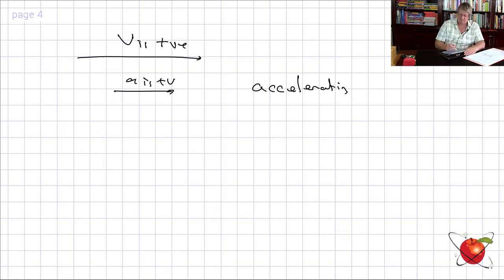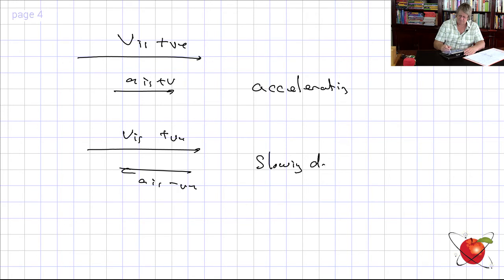I'm going faster because the acceleration is acting in my direction. Then I've got the next step, which is I'm going this way. V is positive, a is negative. What am I doing? I am slowing down.